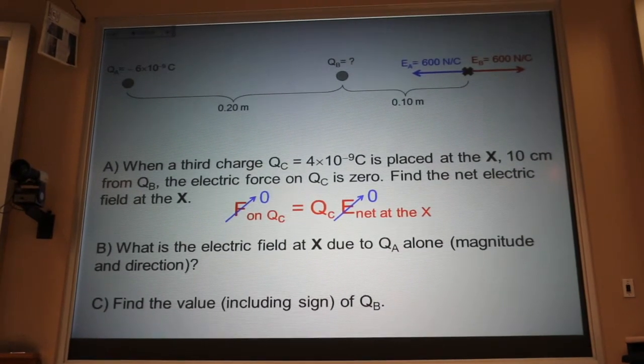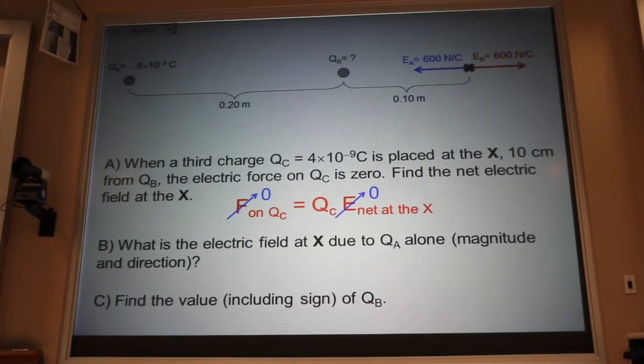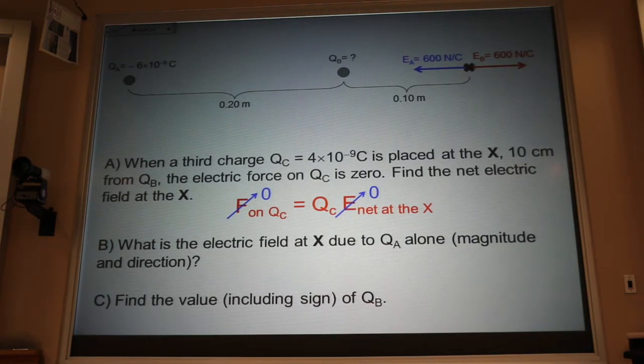Now, there's 2 ways I can find out the magnitude of QB. Now, one way is to just go back into this formula and use it again. And I would say 600 is equal to K times QB. That's what I'm looking for.